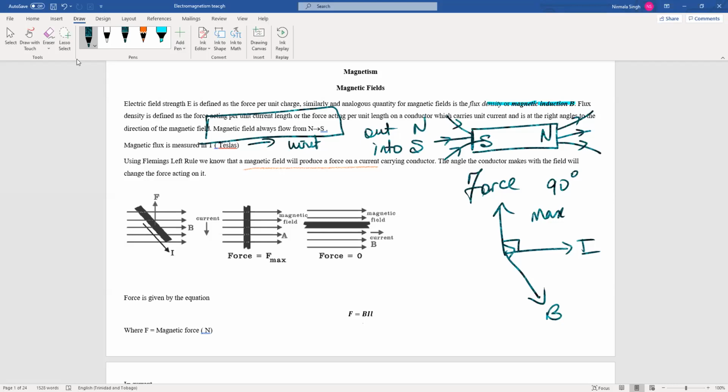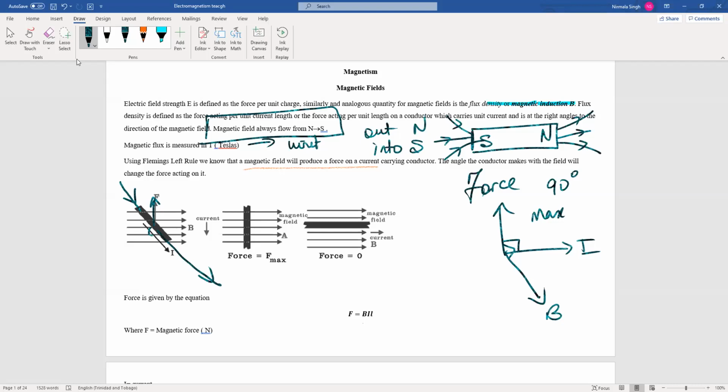If you wanted to work out how strong magnetic fields are, we do have a unit for it. It is measured in Teslas. So if we have our current carrying conductor carrying a current of I, and it's passing through a magnetic field at some angle, it's going to experience a force. We'll check Fleming's left-hand rule just now to check our forces.